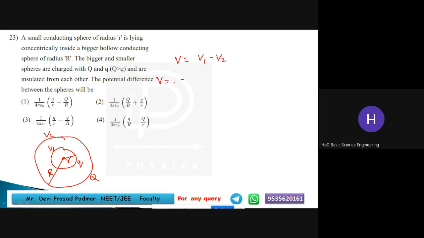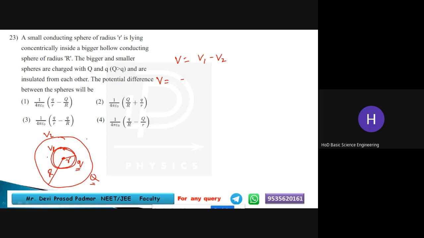So just write the expression for V1. Expression for V1: potential on the first surface, the inner surface. Here the potential will be due to its own charge, and also the potential due to the charge which is on the outer sphere.